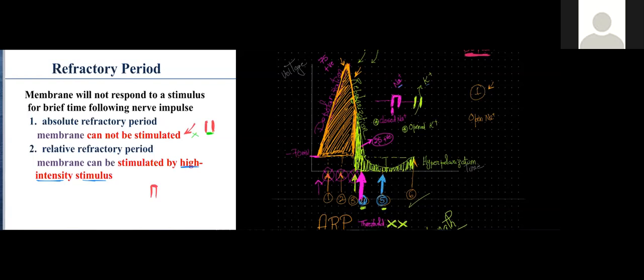But what is going on with the potassium channels? Potassium channels are also open. They are leaking potassium outside of the cell. And if I am leaking potassium outside of the cell, this means I'm losing positive charges. So I need to open not only the minimum number of sodium channels, I need to open a greater number of sodium channels.